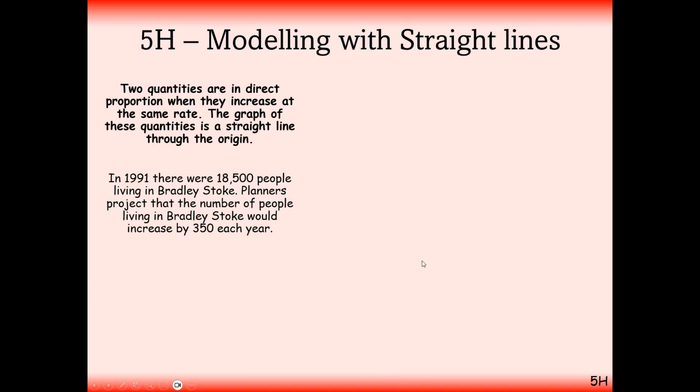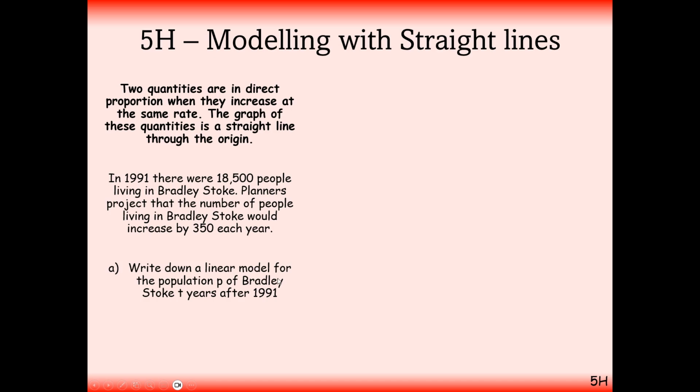Alright, so let's look at the third example here. This third example is saying, in the year 1991, there were 18,500 people living in a certain city. Planners of a project say the number of people increased by 350 per year.